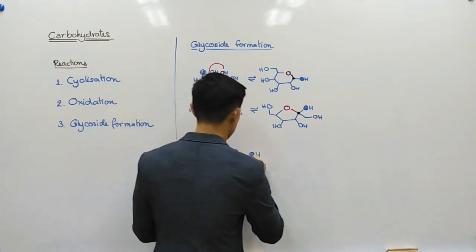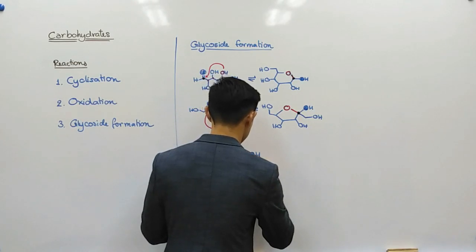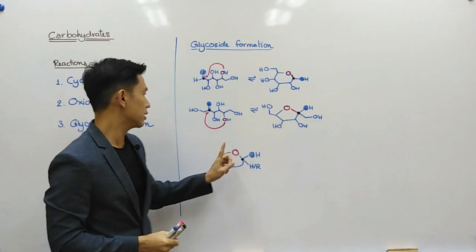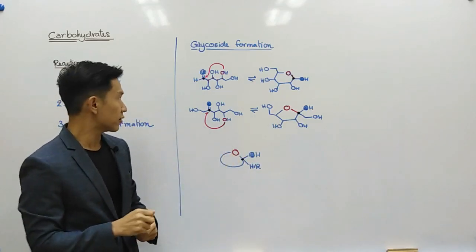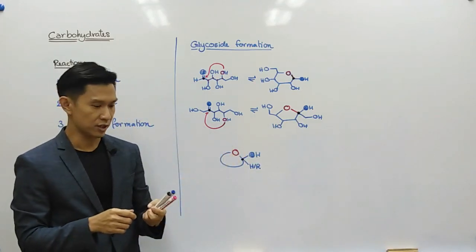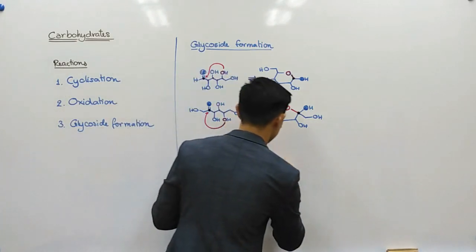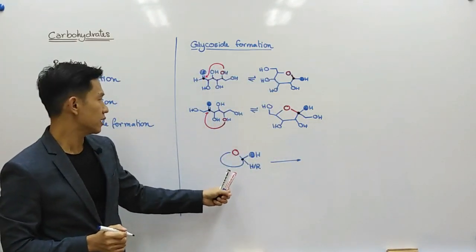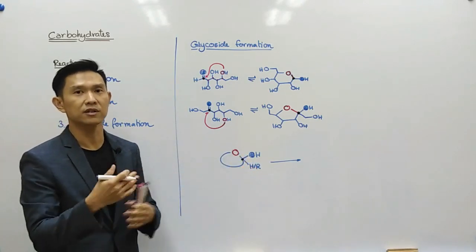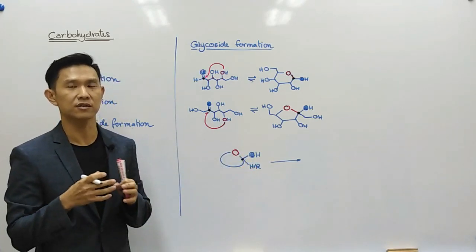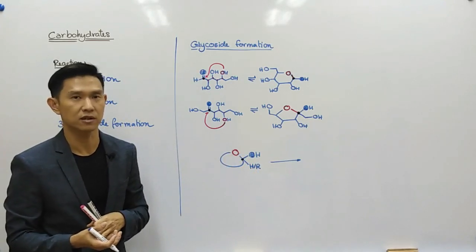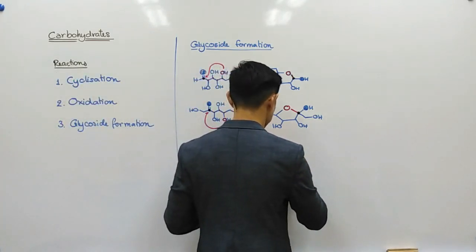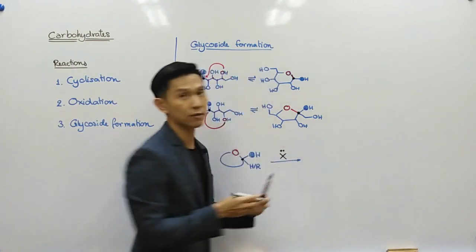So it can be aldehyde or it can be ketone. This OH is the same thing, right? It's the most active one. The reaction, the glycoside formation, is when you have the cyclic structure of sugar. This OH can be substituted with something negatively charged. Let's say you have an X group with an electron pair.